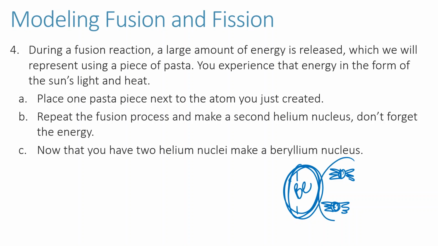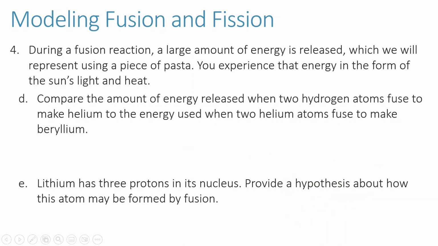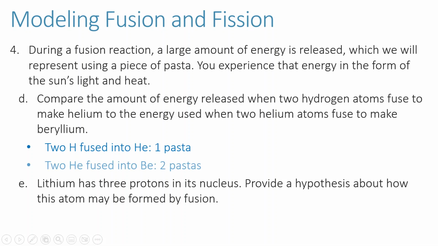And the energy then is going to be twice as much as what it was for helium. So comparing the amount of energy released when 2 hydrogen atoms fuse to make helium to the energy used when 2 helium atoms fuse to make beryllium, we had twice as much energy whenever we fused together the helium into beryllium.